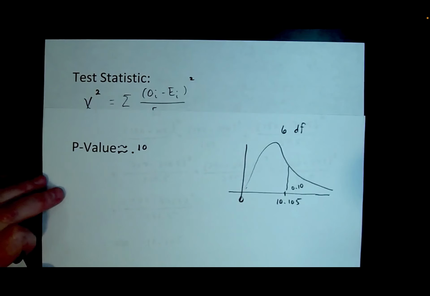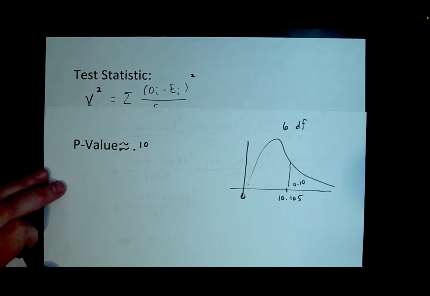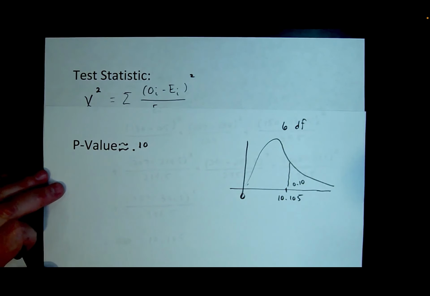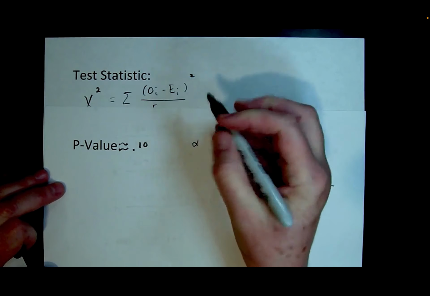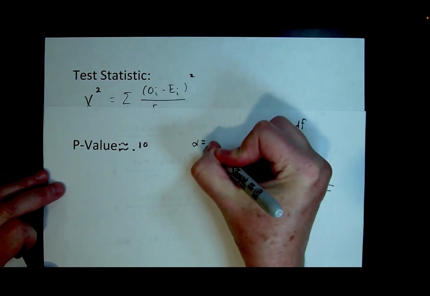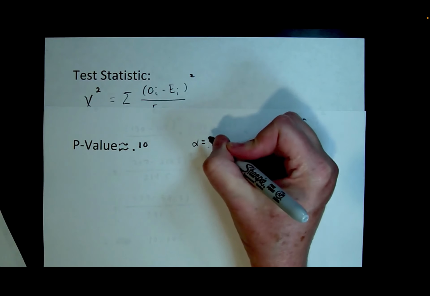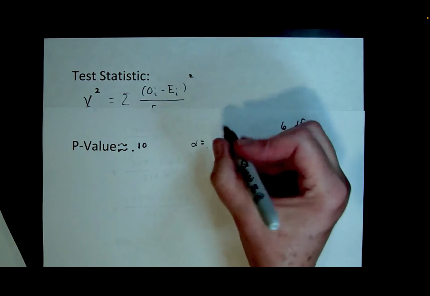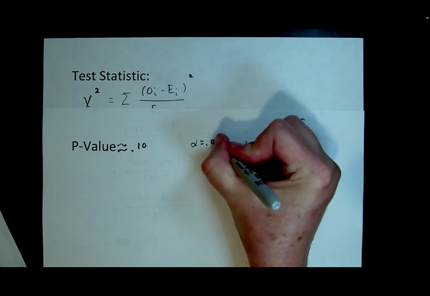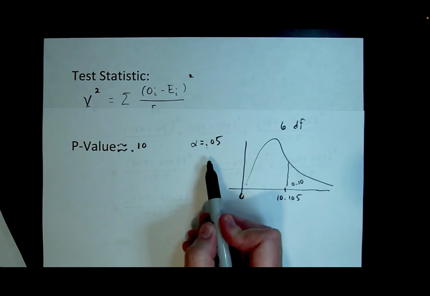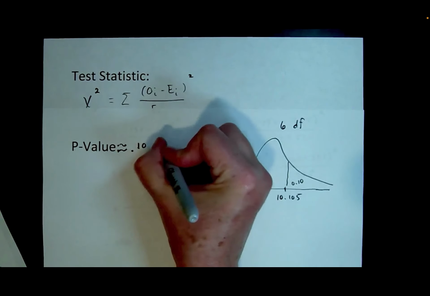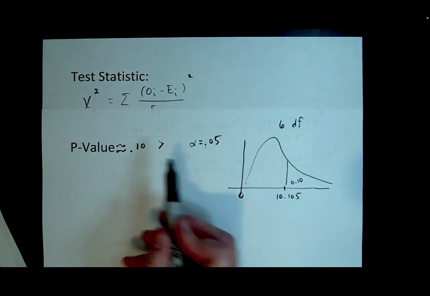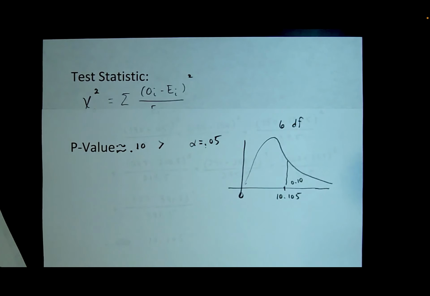And then what we do with that is we test it against our level of significance. Level of significance is, what was it, 0.05. Which of these is bigger? Well, 0.10 is bigger than 0.05. When your p-value is bigger than the level of significance, what do you do?